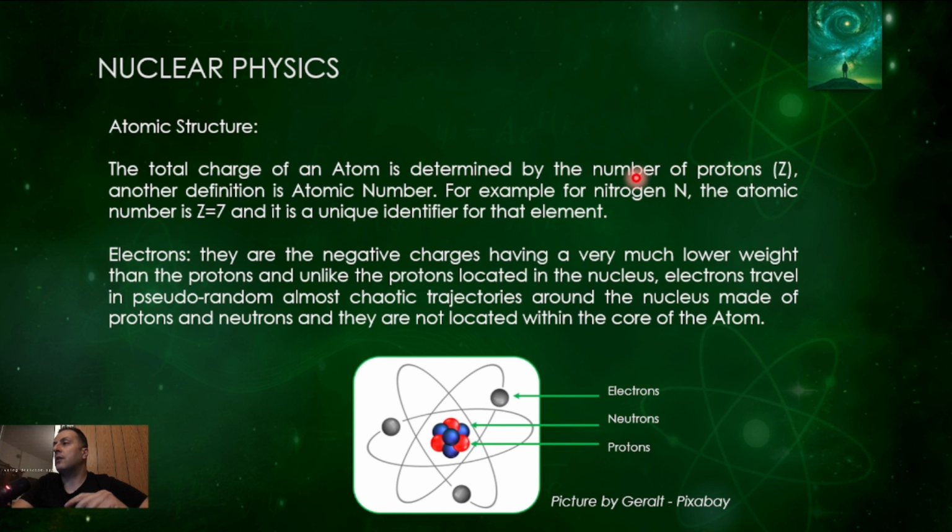But here we're talking about the atomic number, the number of protons, defining the positive charge of the atom. As for the electrons, they are the negative charges, having a much lower weight than the protons. And unlike the protons located in the nucleus, electrons travel in pseudo-random, almost chaotic trajectories around the nucleus made of protons and neutrons. They are not located within the core of the atom, but around the core, around the nucleus.